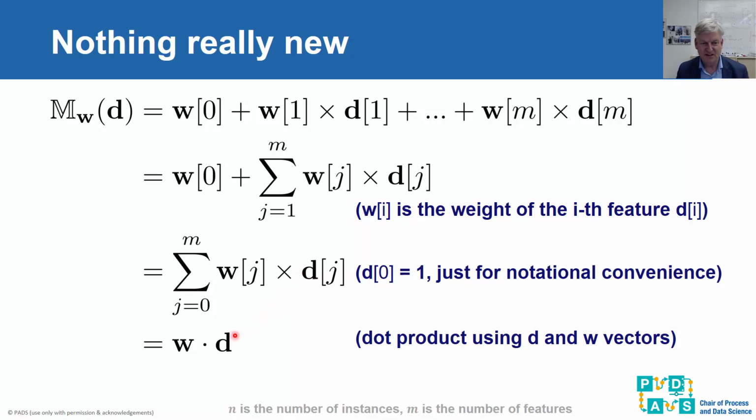What we often see is that we have this notation where both W and D are not values but are vectors, and then we can take the dot product. The assumption that we then have, because we have this W0 here, which is not multiplied by a variable, is that we assume that there is a variable D0, which is always equal to 1.